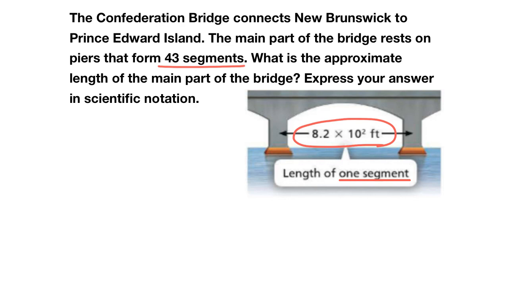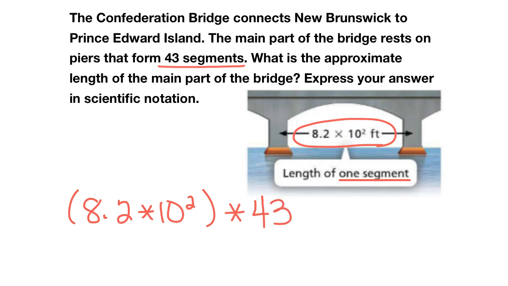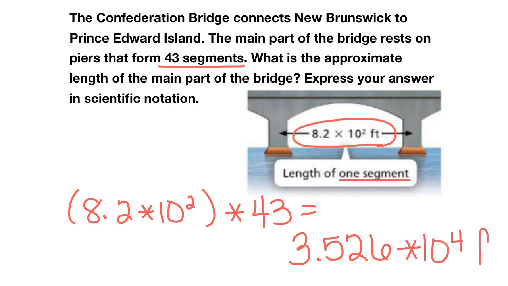This is going to be a multiplication problem. We're going to take the length of one segment and multiply it by the total number of segments, being 43. And we find that the length of this bridge is approximately 3.526 times 10 to the 4th power feet.